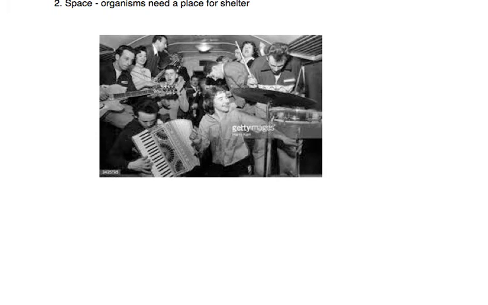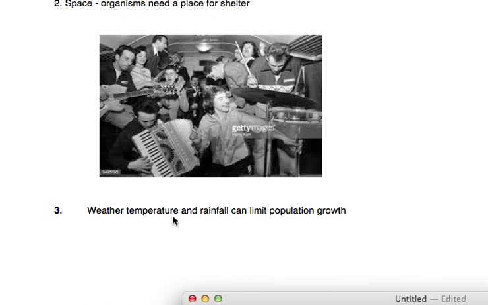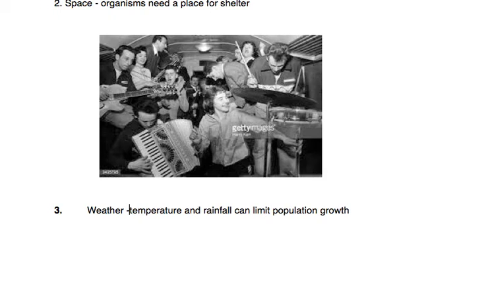And last but not least, the last limiting factor is weather. Weather is our last limiting factor. Temperature and rainfall can limit population growth. So we talked about this in class. Like if you're talking about the Arctic Circle, there are certain things that just can't live there.